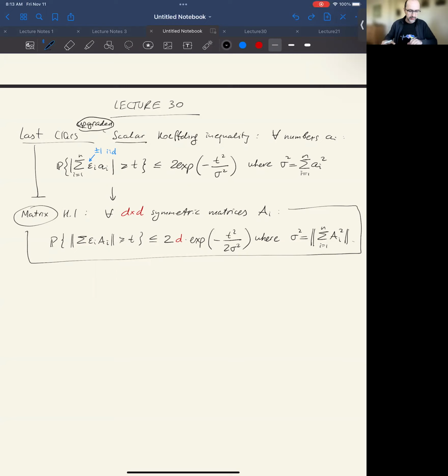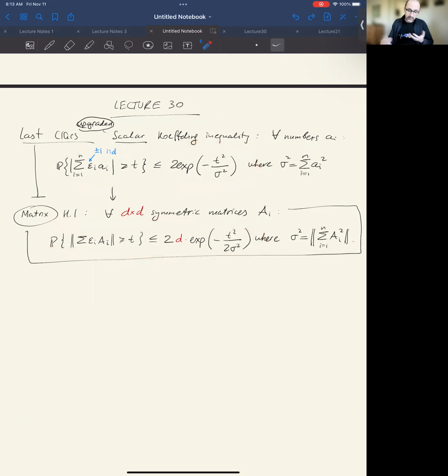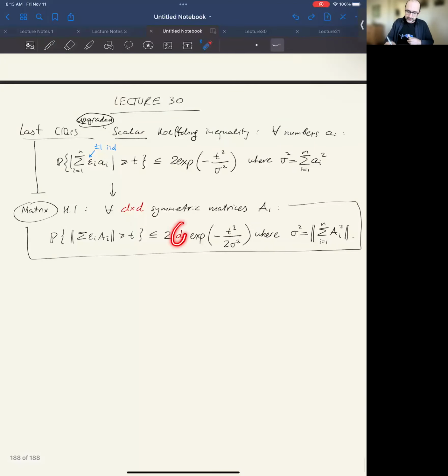This is a great result, a very deep result. Then we look at this and compare it side by side, like apples to apples, this one to this one. And we see that the only real difference is this. This is our cost. The cost of the upgrade is this factor d right there.